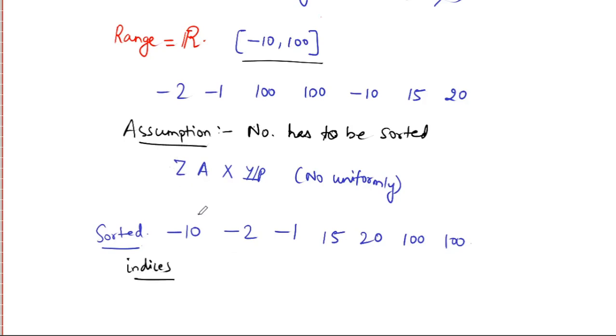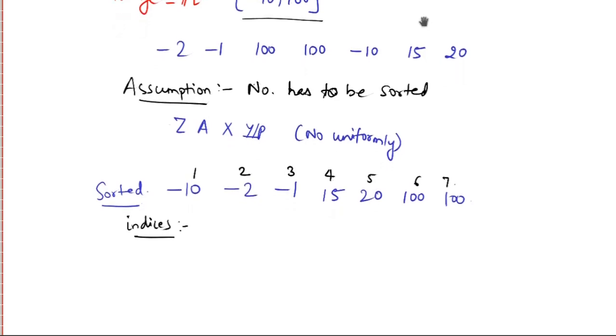So let's say it is 1-based indexing: 1, 2, 3, 4, 5, 6, 7. So 7 numbers are there, and according to this the range is from minus 10 to 100.